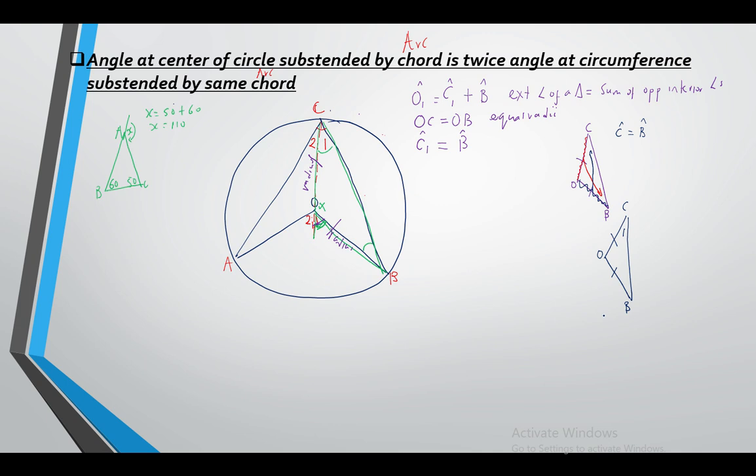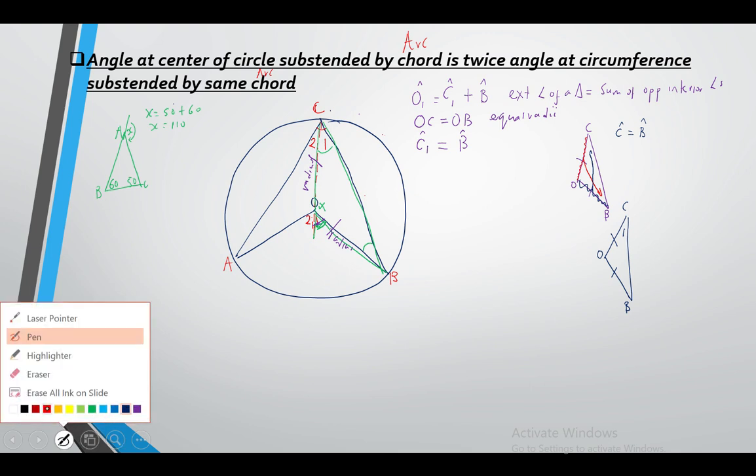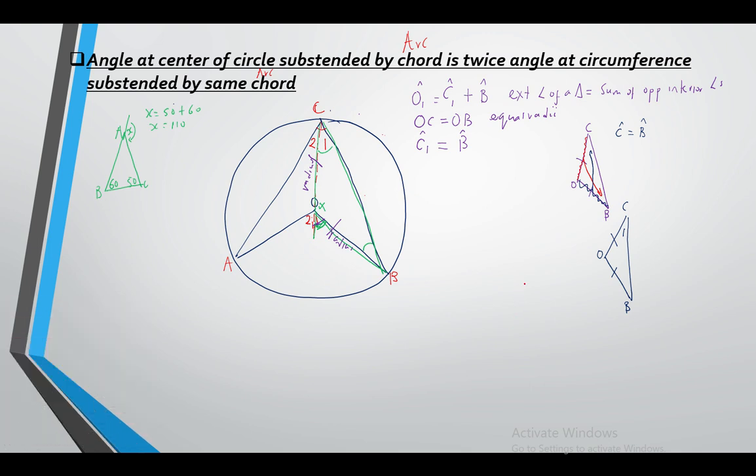So if you want to know the angles that are equal inside an isosceles triangle, I advise you to go to the third side of the triangle. Leave those two sides that are equal. Leave out CO, leave out OB, go to the side which is not equal to any of those two sides. Go to the side CB.